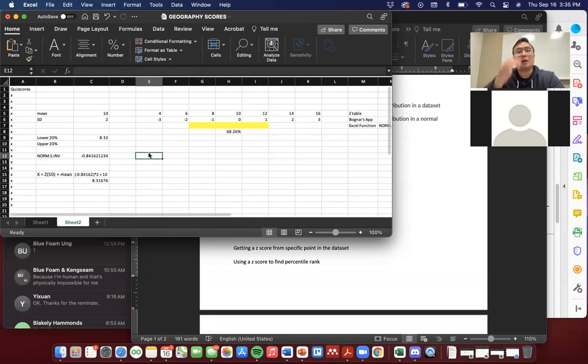So in this data set that I do not know any values of, but I do know the mean and standard deviation, I'm going to use the normal standard distribution, standardized scores, to figure out the lower 20%. So theoretically, in this data set, the lower 20% of scores are anything 8.32 or lower.